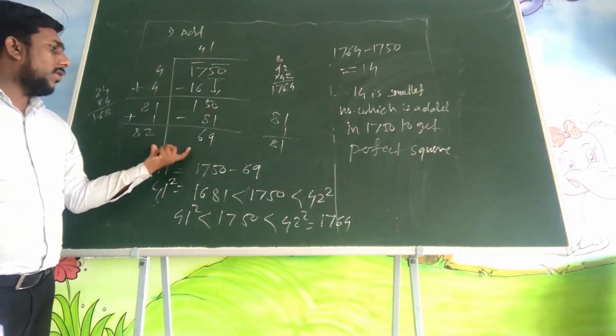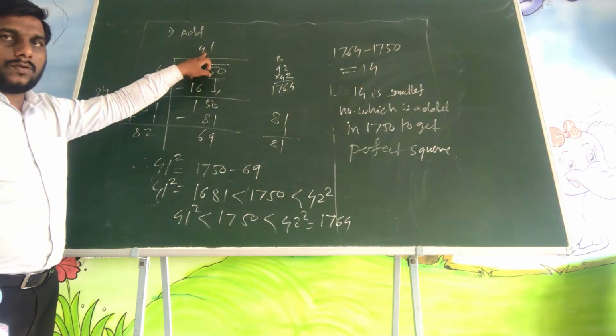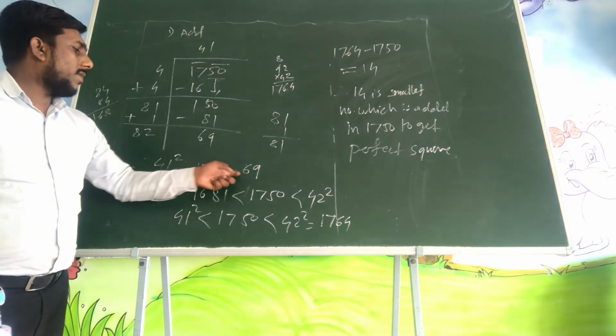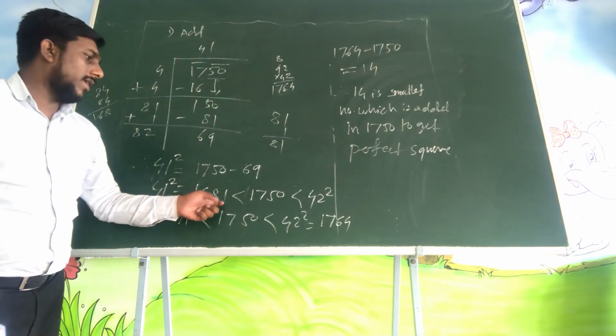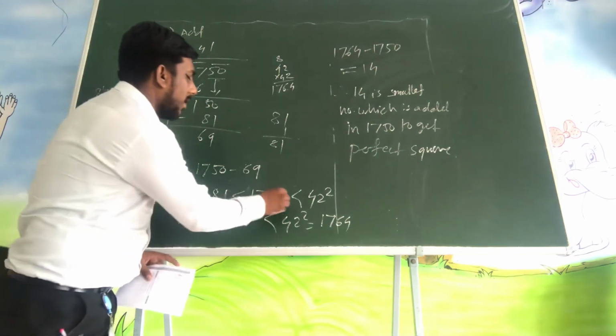1750, same process. Okay, which is the square number here? 41 square is 1681, which is smaller than the given number 1750.